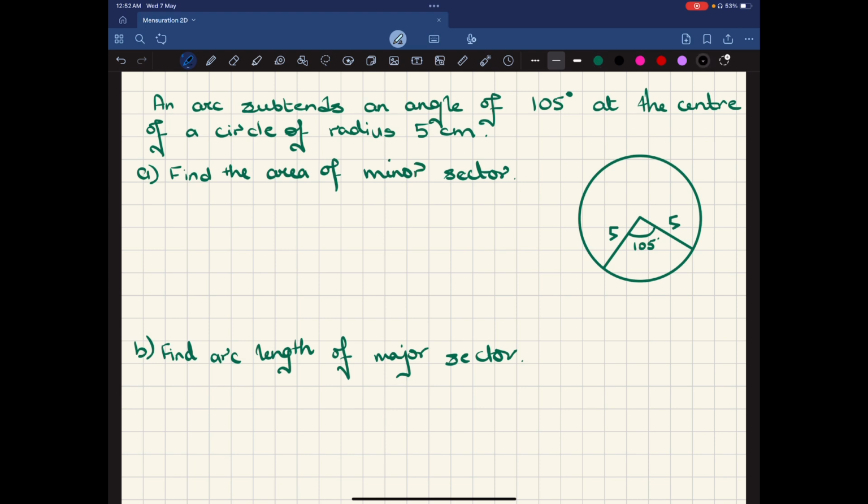Now let's solve. They're saying find the area of the minor sector. Which is the minor sector? Two radii, and the minor arc is basically the minor sector, and we are going to use this angle. What is the formula for the area of a sector? Area of minor sector will be angle over 360 into pi r square.